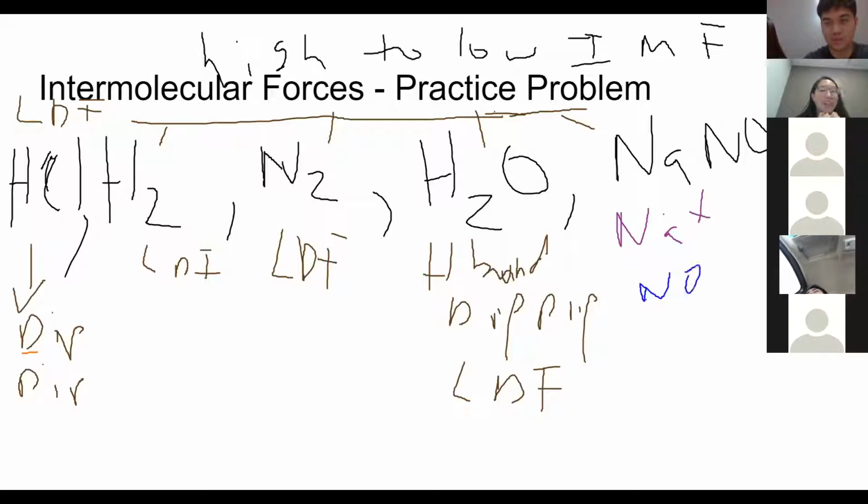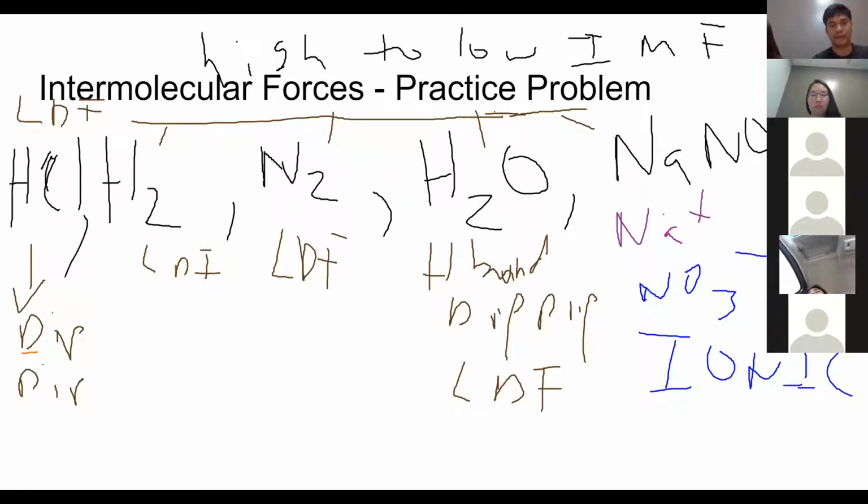This is a good review for the final. NO3 minus. So this is sodium nitrate. Sodium nitrate is soluble in water because all nitrates are soluble in water. So it only has ionic. So this is ionic.